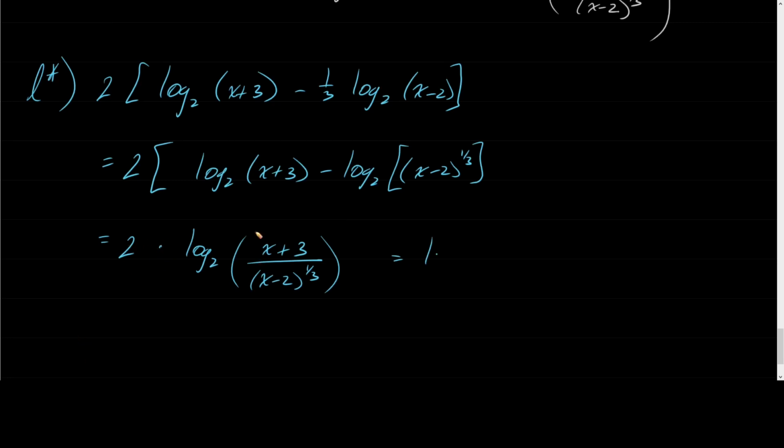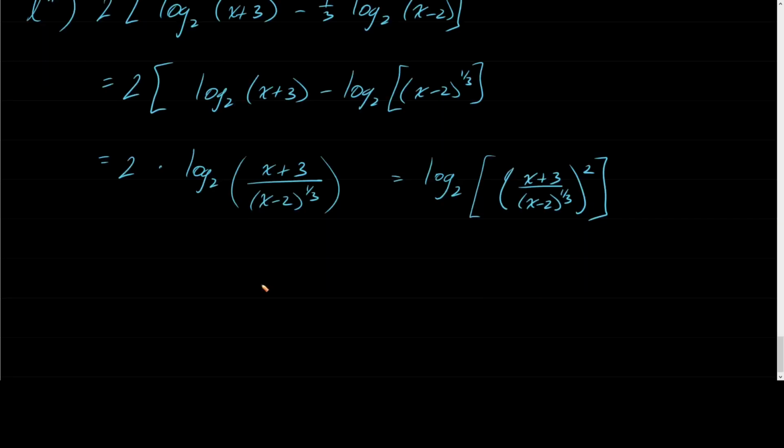So bring this 2 to the exponent over here, and I end up with log base 2 of [(x plus 3) over (x minus 2) to the 1/3] squared, right? This 2 becomes an exponent over here.